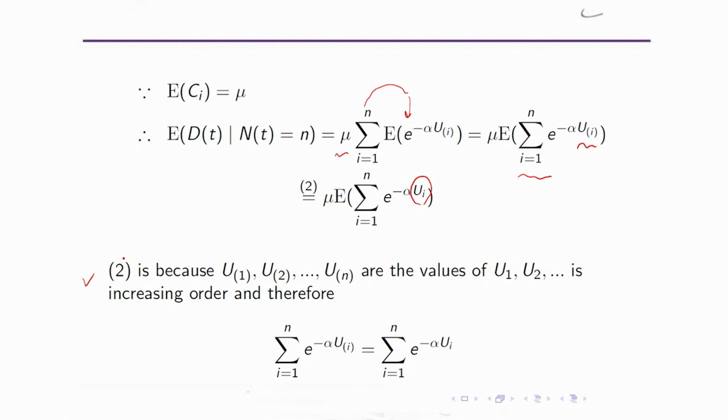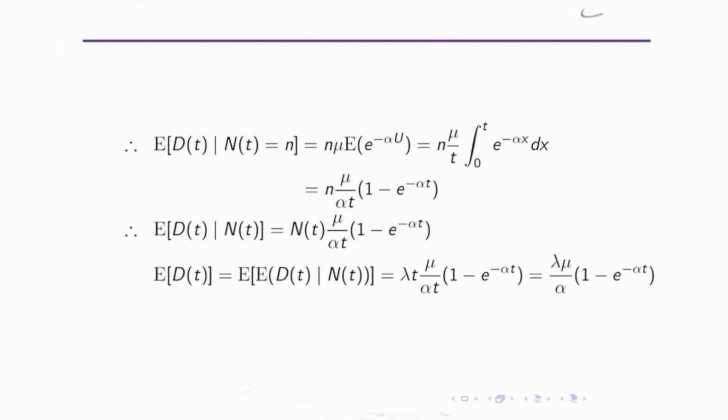So this equality is because the order statistics are just the values of U1, U2 up to Un arranged in increasing order, and therefore the summation would be the same. So this equality holds here. We continue the derivation.